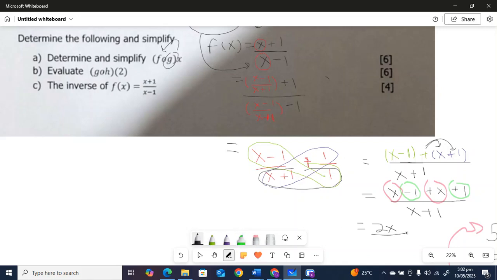Okay, so you have 2x over x plus 1. That is for the numerator here. 2x over x plus 1. Any questions before we solve the denominator?